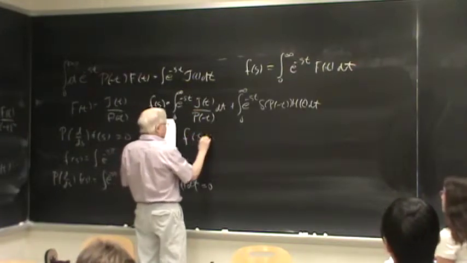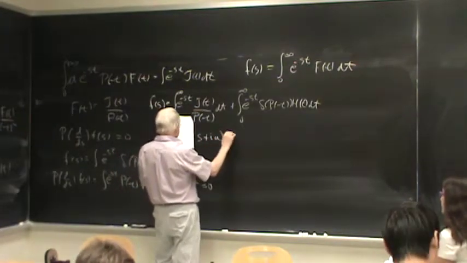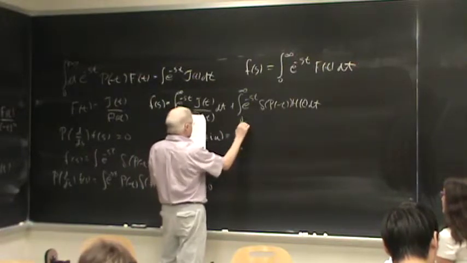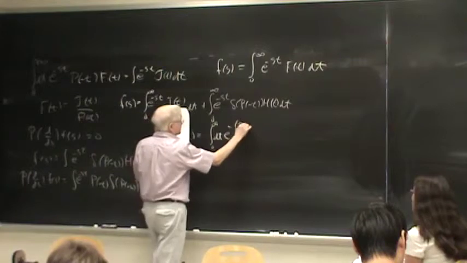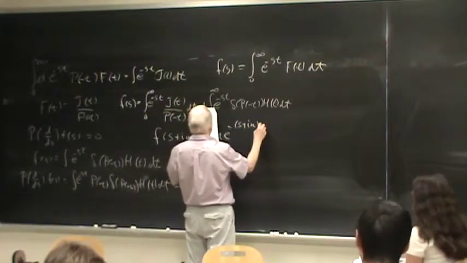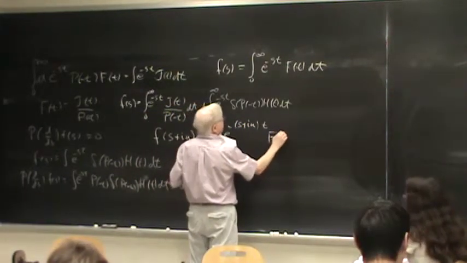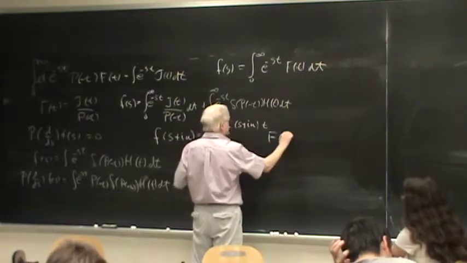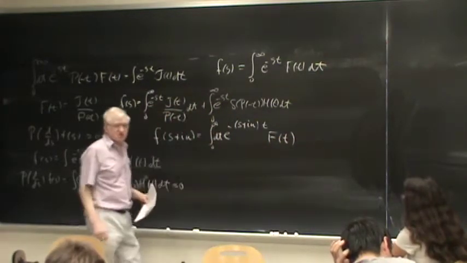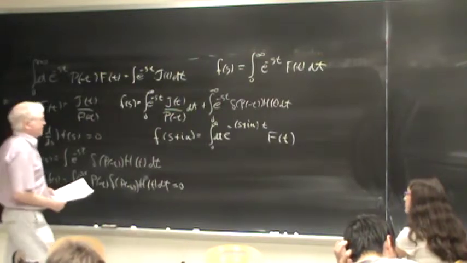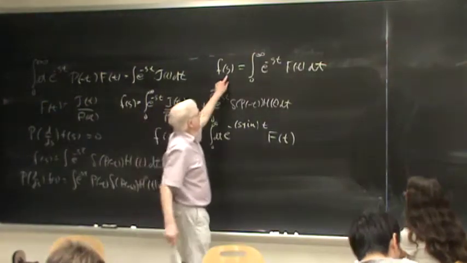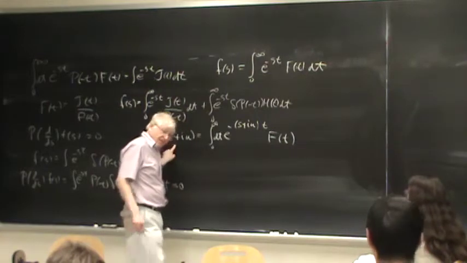And so we say f of s plus iu is the integral 0 to infinity dt e to the minus (s plus iu) t f of t. Okay, so that's just, so to speak, generalizing the Laplace transform from real variables s to complex variables.